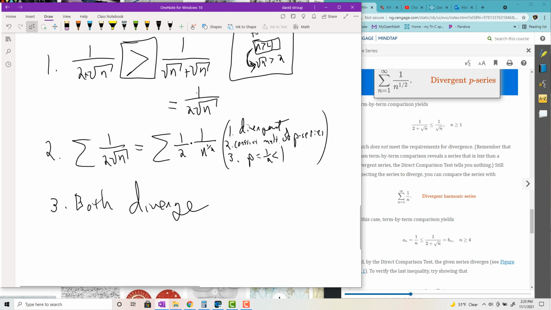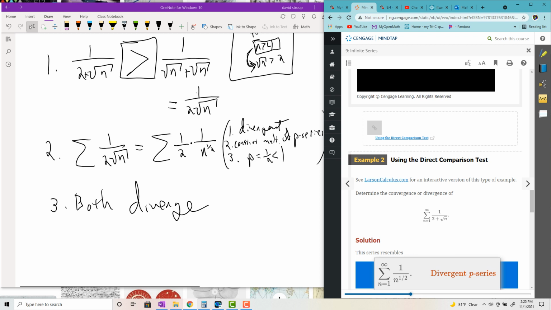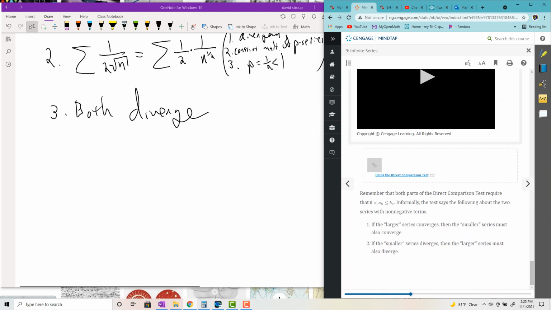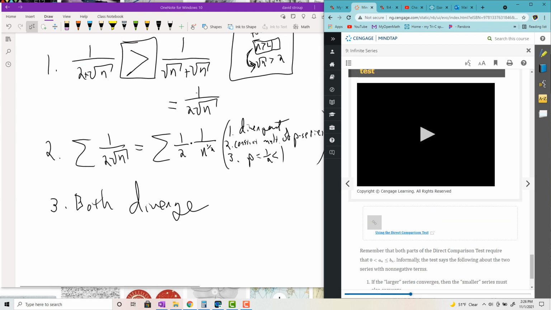So yeah, it's kind of the big and the small for this. They have this last statement here again reminding you that you have to play this game. If the larger series is divergent, it tells you nothing about the quote-unquote smaller series. I'm speaking informally now, but technically you're just talking about the terms of the series.